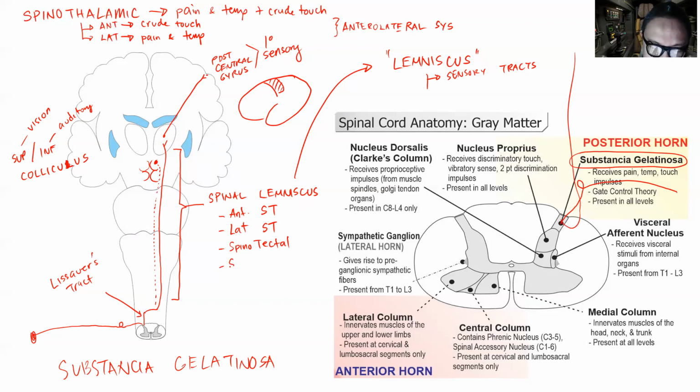The last would be spinoreticular. When you're talking about the term reticular, you think about the RAS, your reticular activating system. Okay?